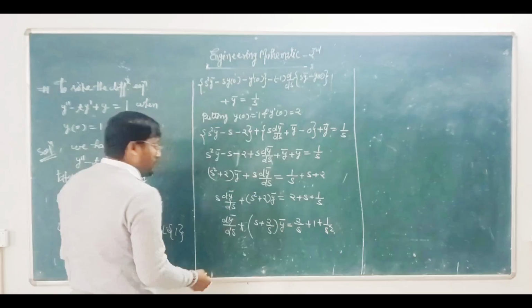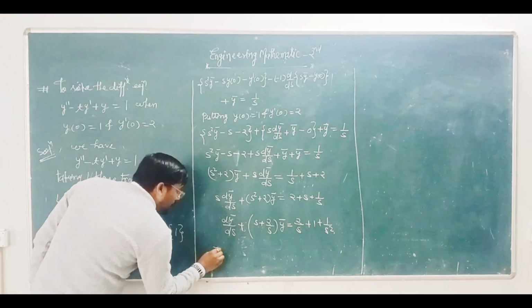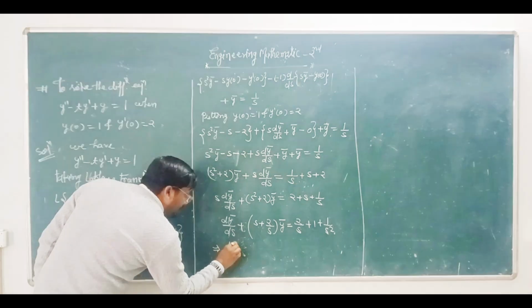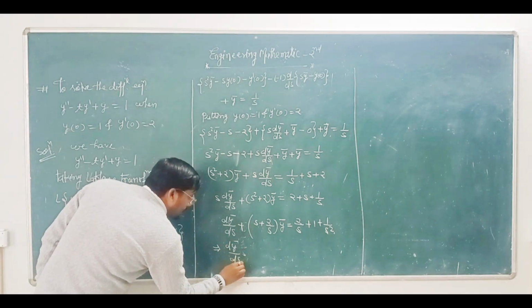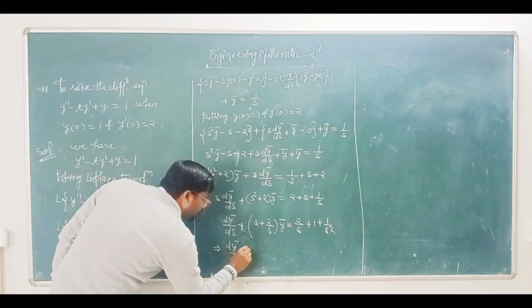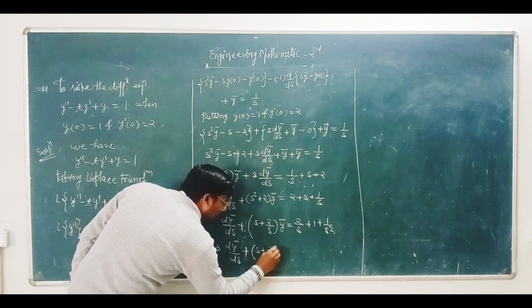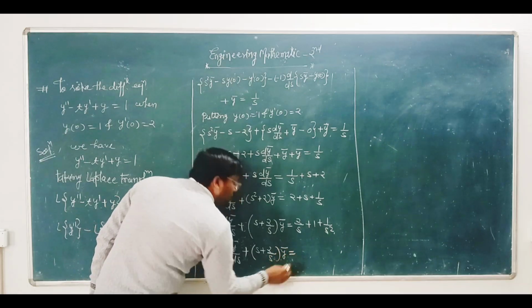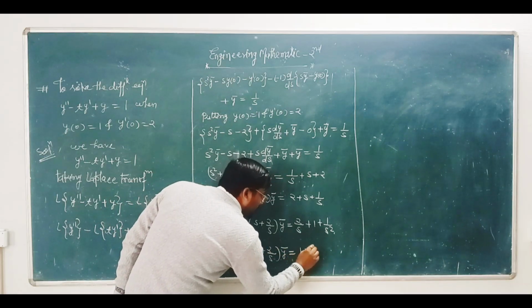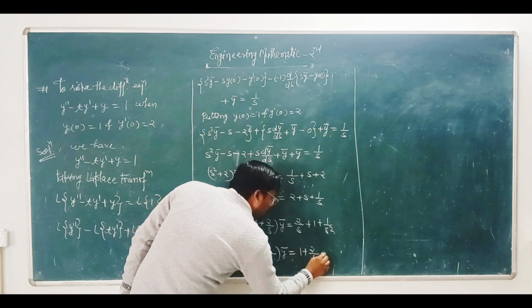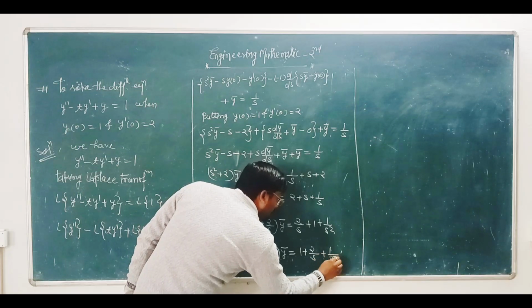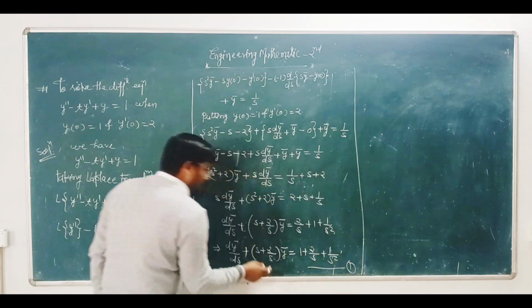Now you can write dy bar upon ds plus s plus 2 upon s y bar is equal to 1 plus 2 upon s plus 1 upon s square. This is equation number first.